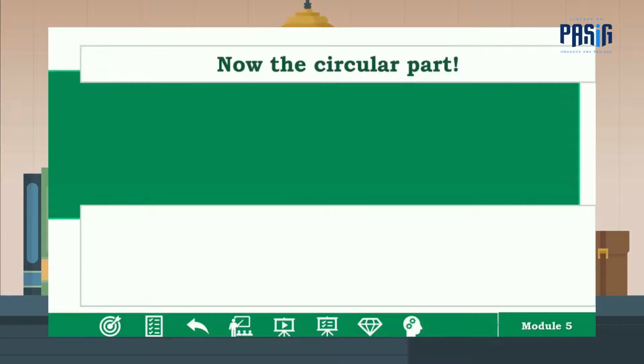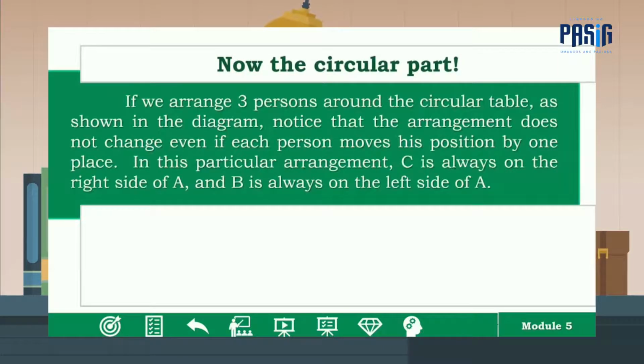Now, the circular part. If we arrange 3 persons around the circular table, as shown in the diagram, notice that the arrangement does not change even if each person moves his position by 1 place.